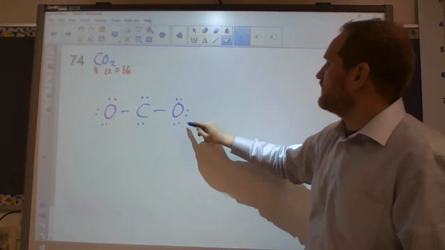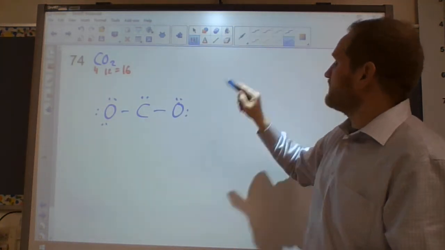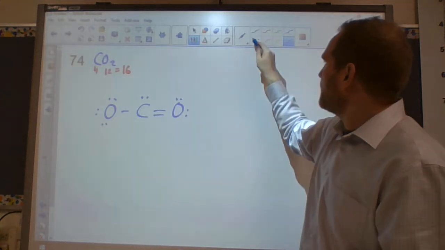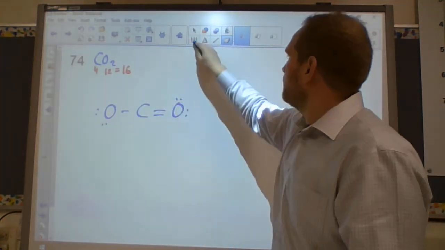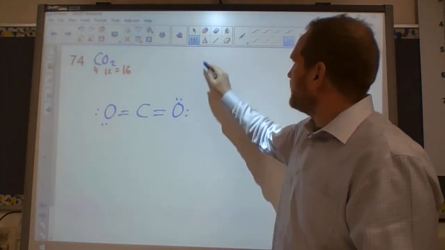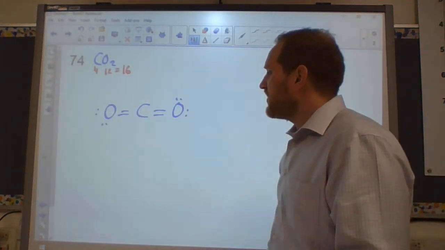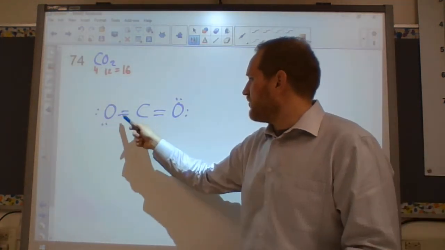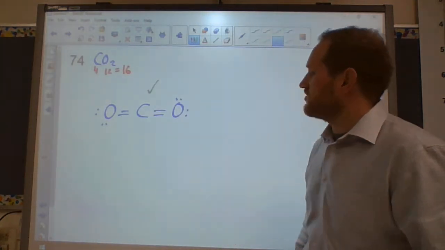So I'm going to remove 2 electrons from adjacent atoms and make a double bond. And then over here, I'm going to remove 2 electrons from both and make another bond. And if we rearrange these, the dots would really be like here and here, here and here. And let's just confirm. 2, 4, 6, 8, 10, 12, 14, 16. So this is the correct Lewis structure.